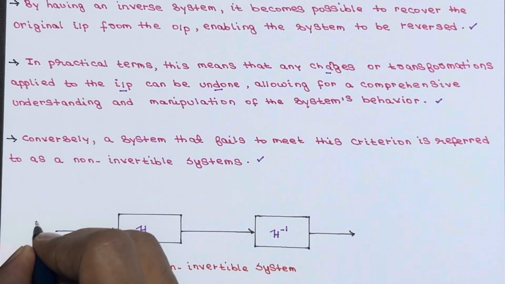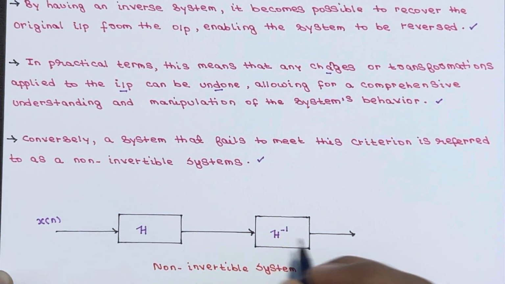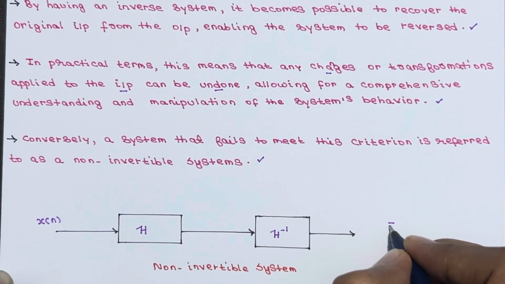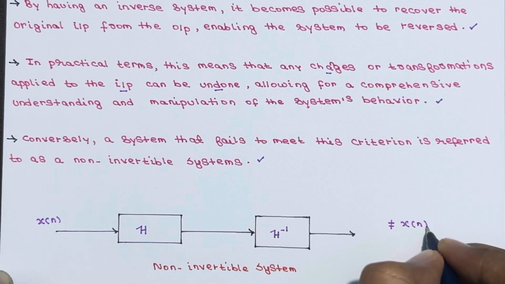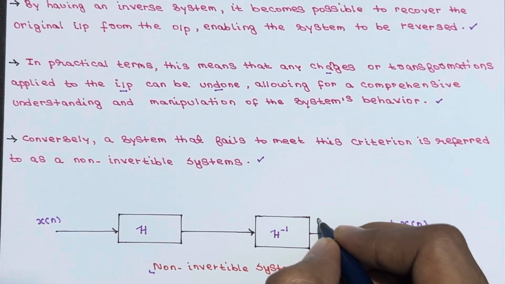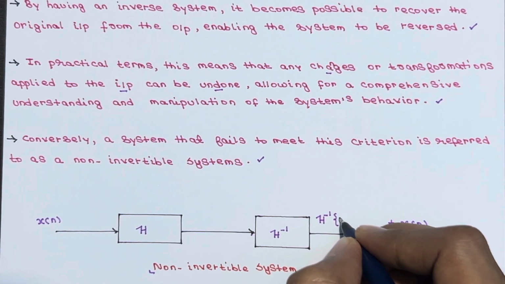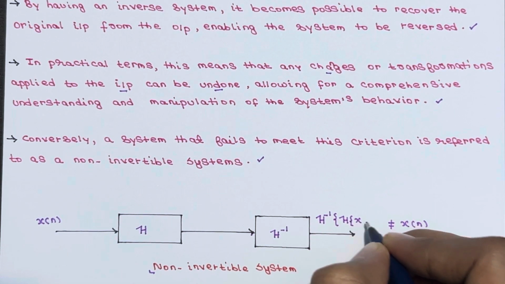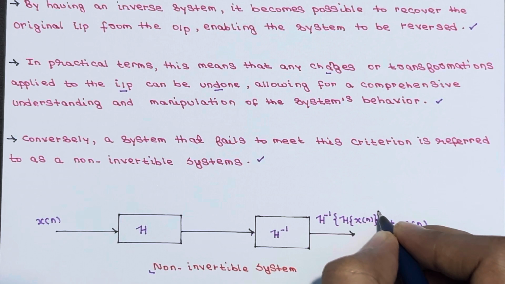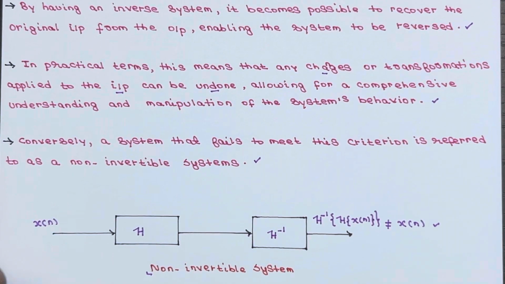For example, if the input is x of n, and the output of this inverse system is not equal to x of n, then we can say this complete system is a non-invertible system, right? So if the inverse transform of the transform of x of n is not equal to x of n, it is a non-invertible system. Hope it is clear to you. Fine. Let's move to the next.